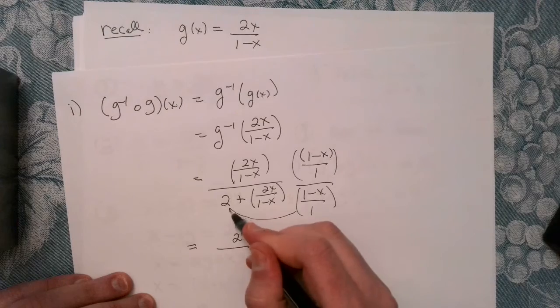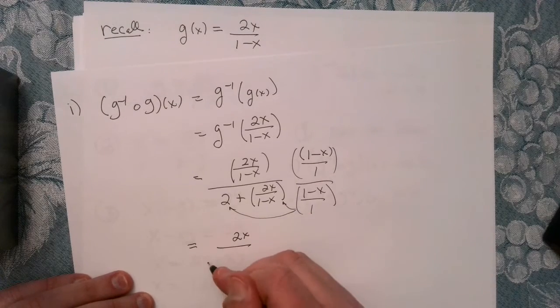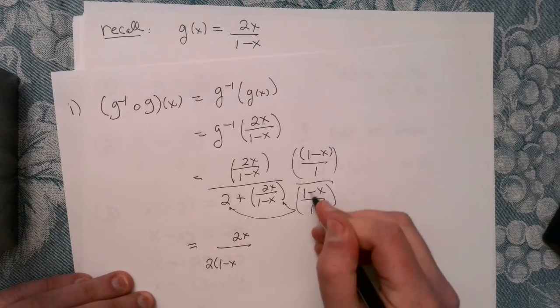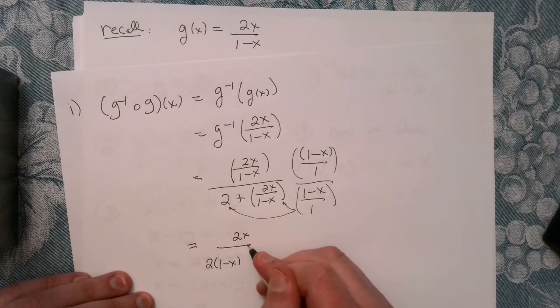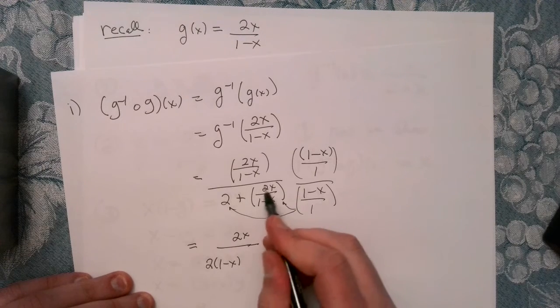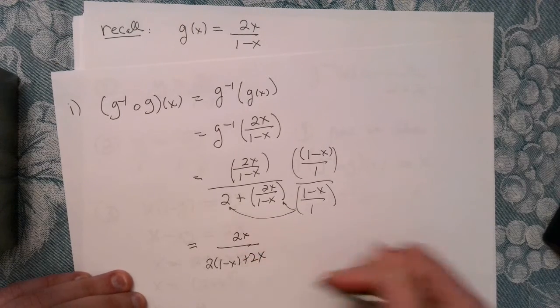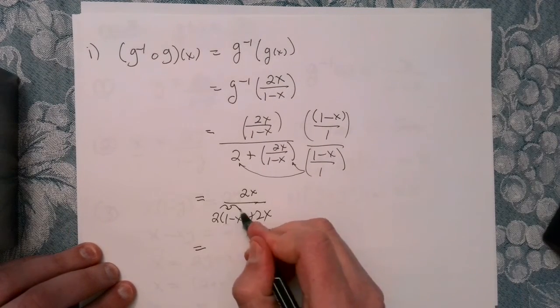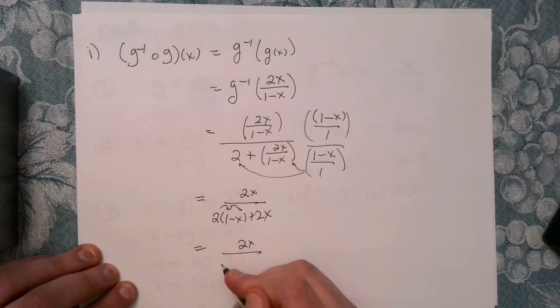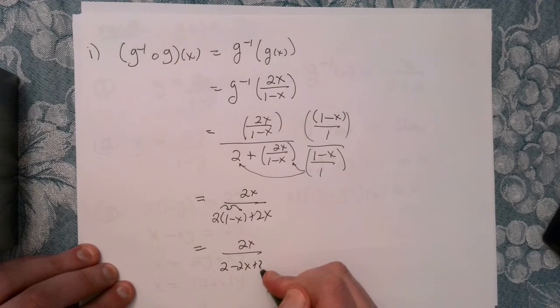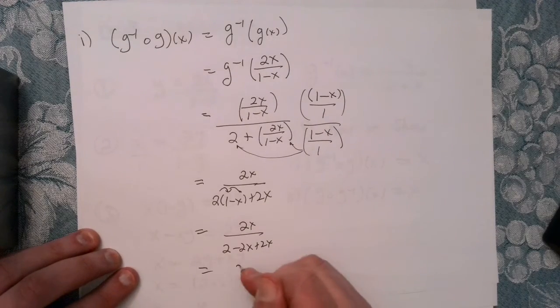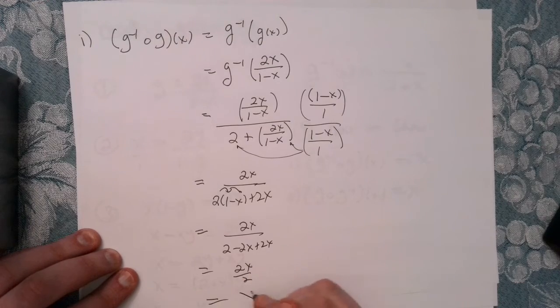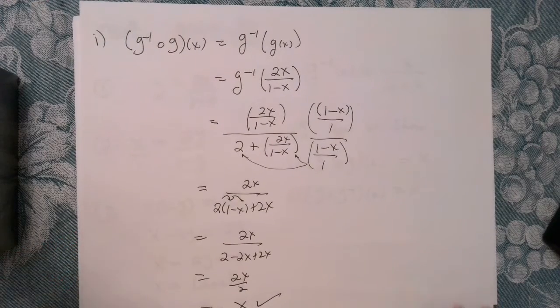Downstairs, you need to remember this gets distributed to both. So I'm going to have 2 times 1 minus x from this distribution. And then here, this will cancel with this, leaving me with 2x. So just distribute the 2. That gives me 2x over 2 minus 2x plus 2x. But that's exactly 2x over 2, and that's exactly x. That's what we want. So I'm feeling pretty good about this.